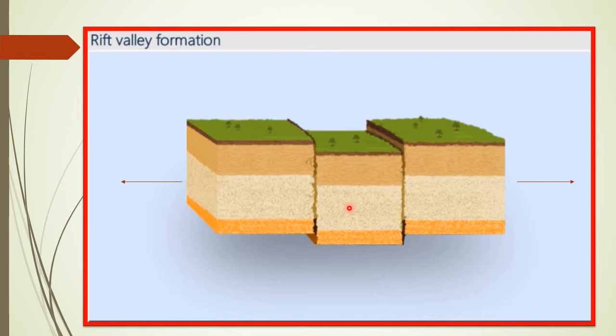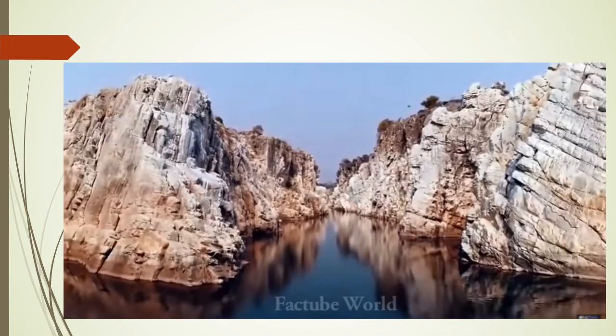Because the falls were westwards, it was created towards the westward side. So all the rivers, that is Narbada and Tapi, the major rivers, they flow to the west because they have a steep slope. So that is the reason why Narbada and Tapi flow through a rift valley. So here is a picture showing you the flow of Narbada through a rift valley.